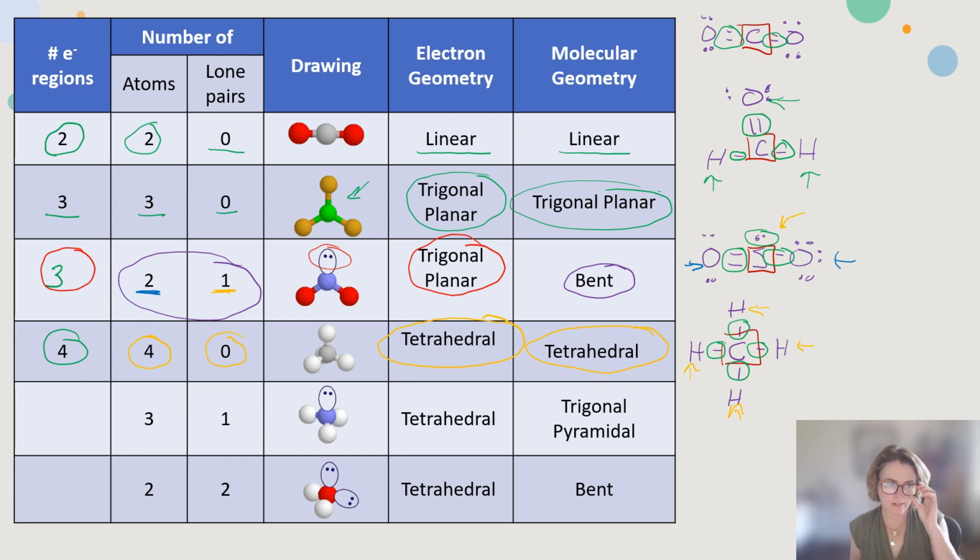I hope you're starting to see a pattern where the number of electron regions matches the number of atoms. Then the electron and molecular geometries are the same. It's when the electron regions don't match the number of atoms that you're going to have a different molecular and electron geometry. So this is what this molecule looks like right here.